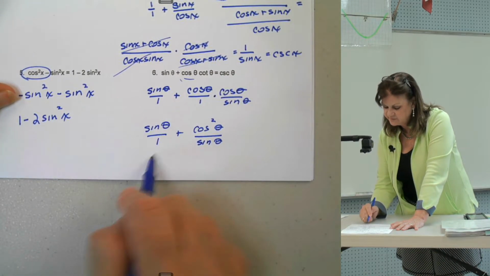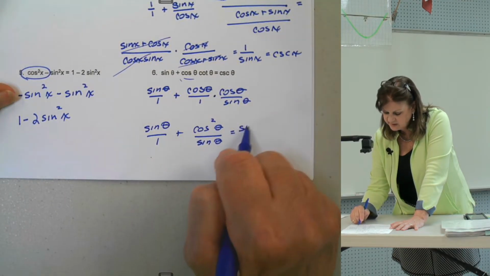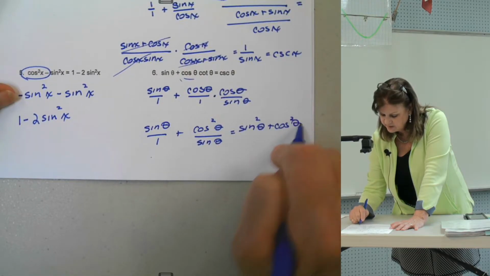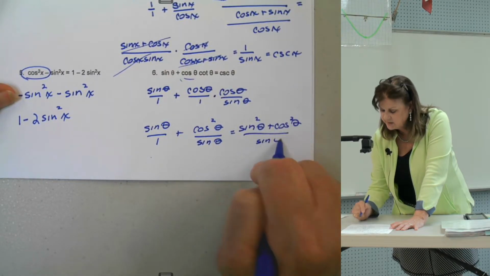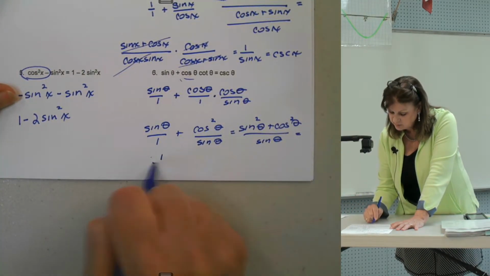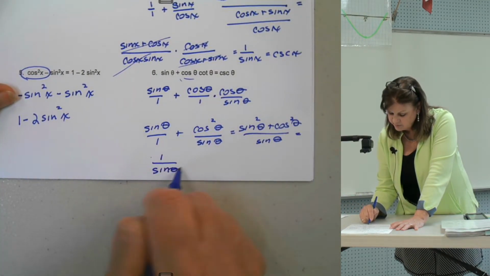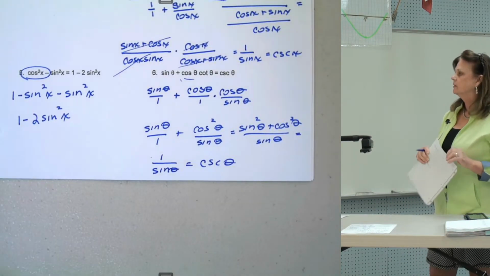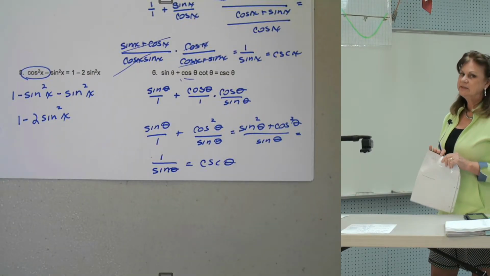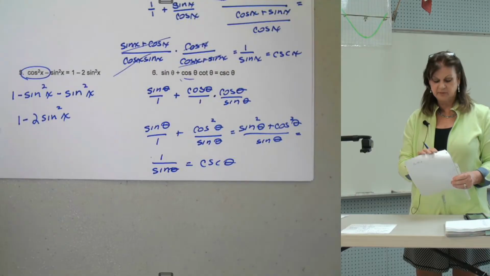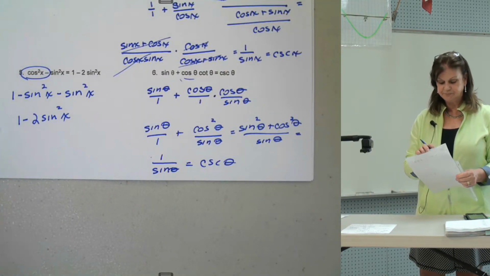Right to left, left to right gives me sine squared theta plus cosine squared theta over sine theta. Sine squared plus cosine squared is 1, and 1 over sine theta is cosecant theta. Hopefully this is getting a little easier for you and you're starting to recognize that you can move these around in a lot of different ways.